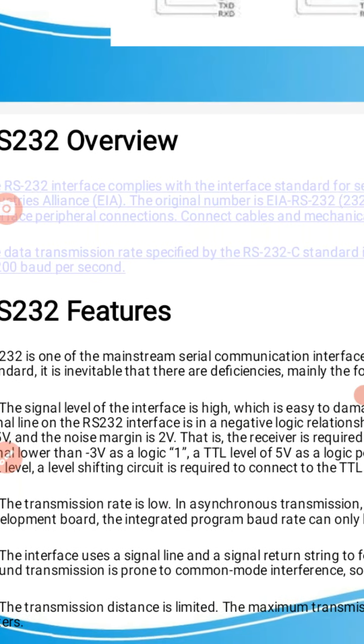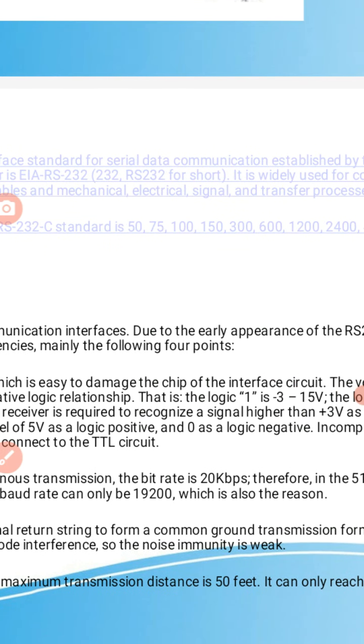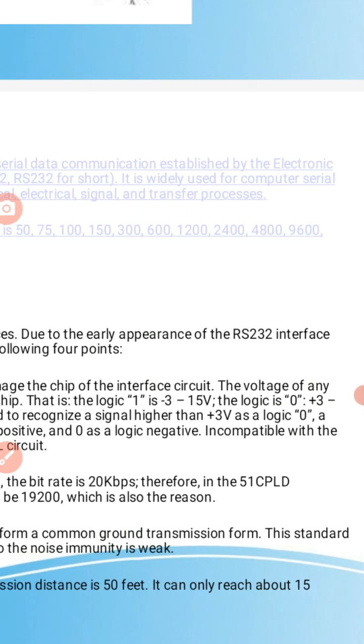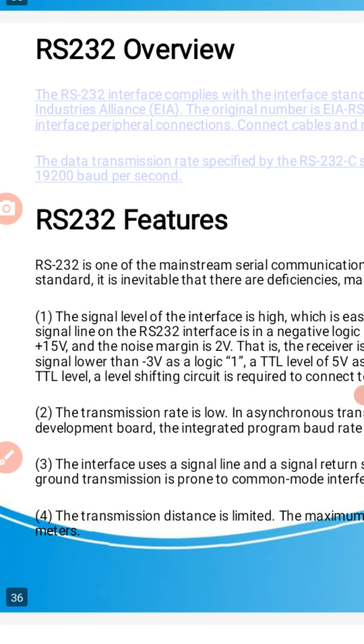The data transmission rates specified by the RS-232C standard are 50, 75, 100, 150, 300, 600, 1200, 2400, 4800, 9600, 19200 bits per second.